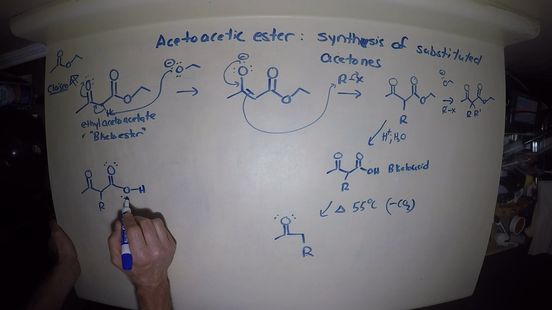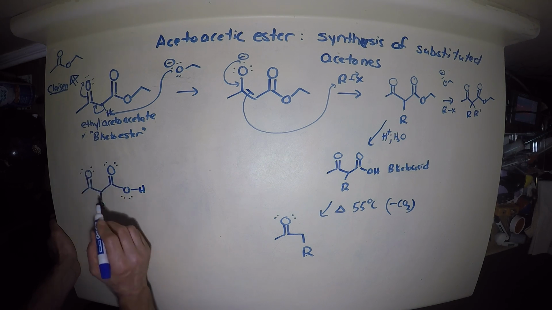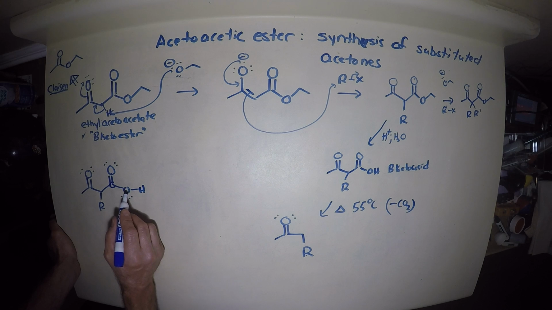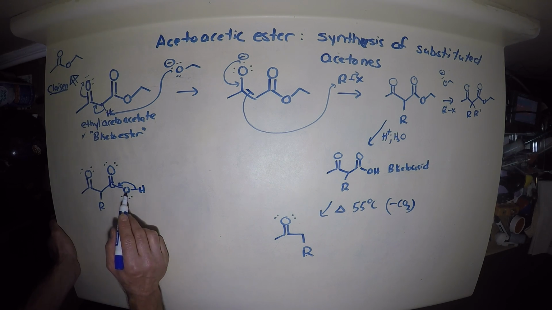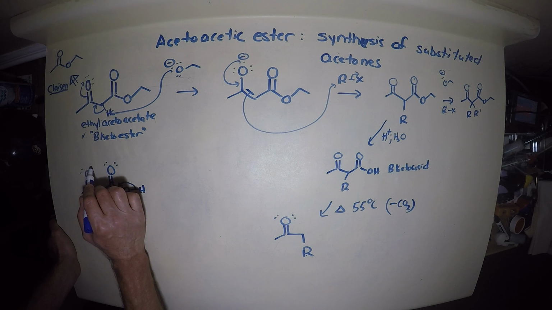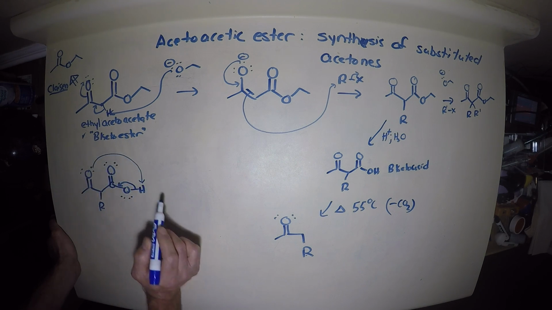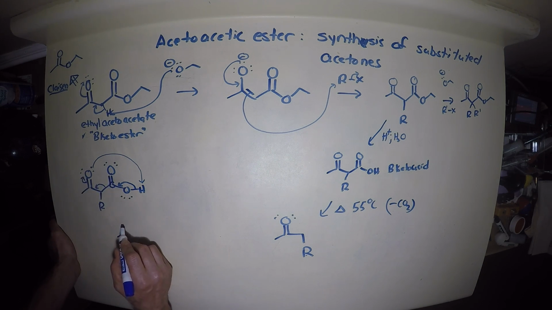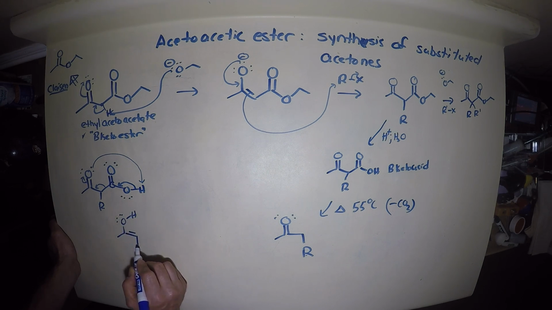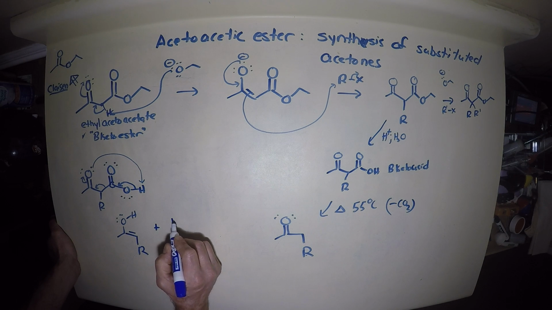So mechanistically, we can see the elements of CO2 right there, and movement of a proton from that O of the acid over to the ketone O, with loss of CO2, provides the enol form plus CO2.